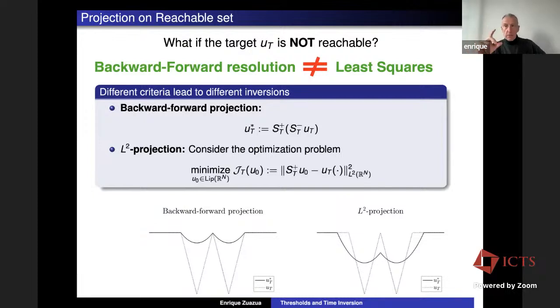And this is relevant because, on the other hand, we want to solve optimal control problems. And we would like to know whether I can solve the optimal control problem of approximating this non-reachable state by some kind of backward and forward resolution.